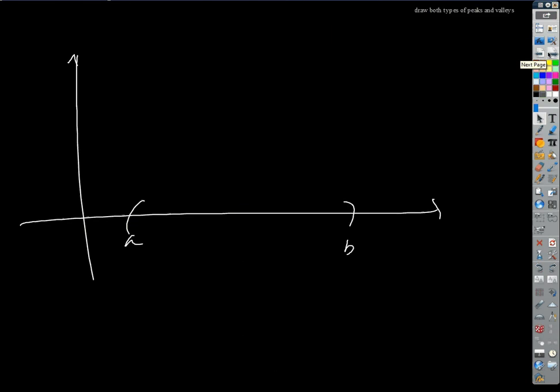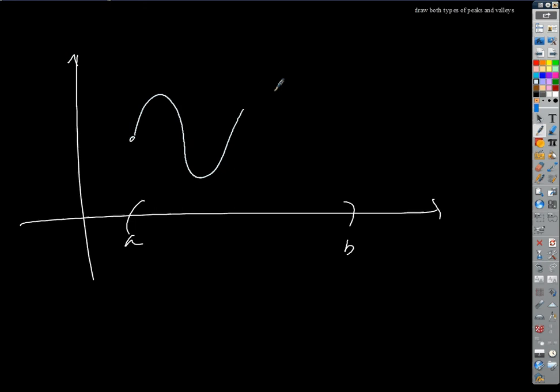So let's say on some open interval here, we want to graph a two-dimensional topology that's going to show me relative maxima and relative minima. What kinds of peaks could I draw? If I'm starting at this end, that's a peak that I could draw. There's a valley I could draw.